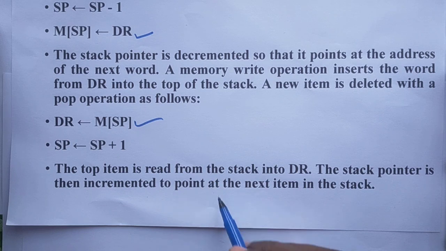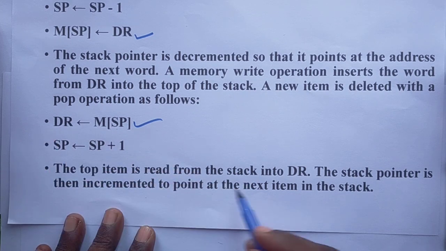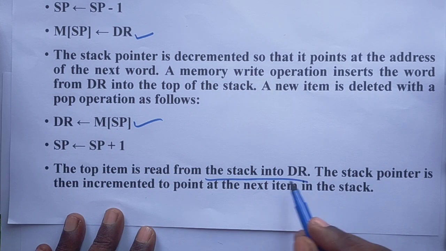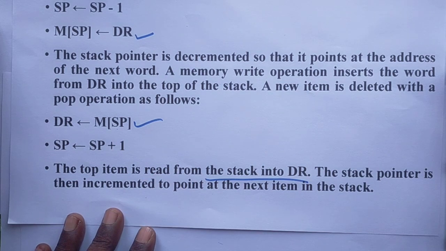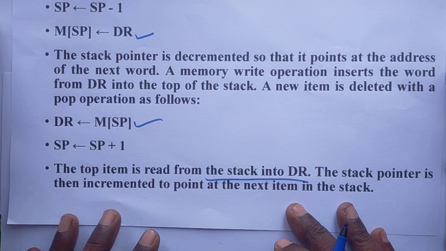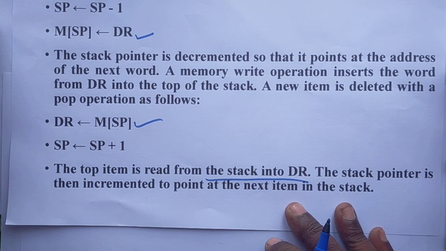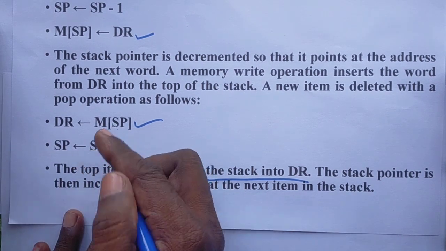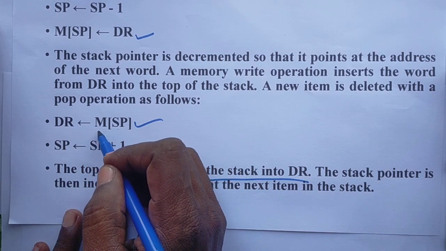That means top data, or items, are read from the stack into DR, because this is a read operation. I have already discussed in one class that whenever data is transferred from memory to any other register, we call it a read operation.